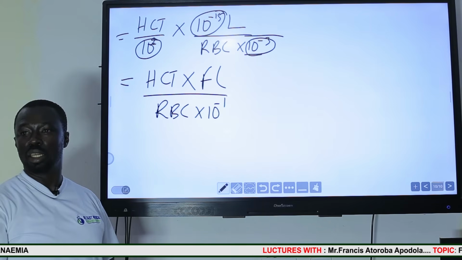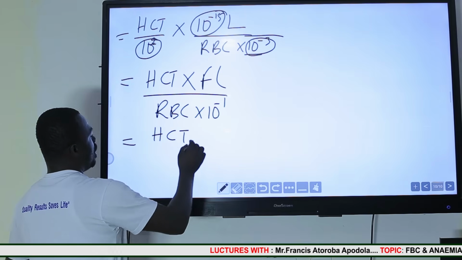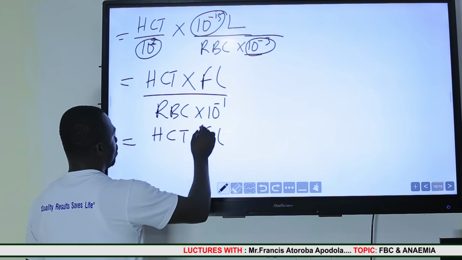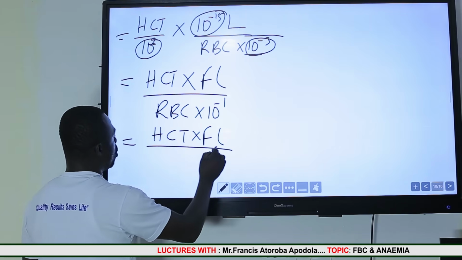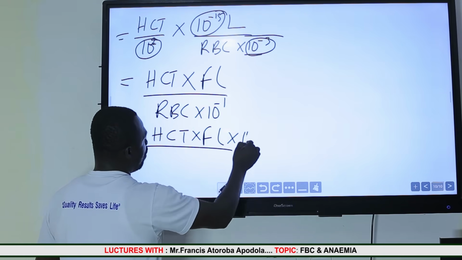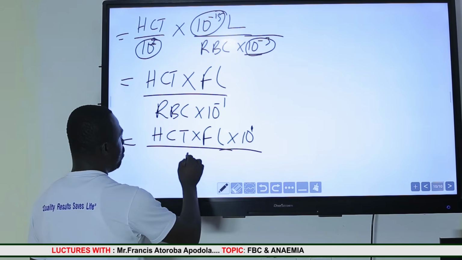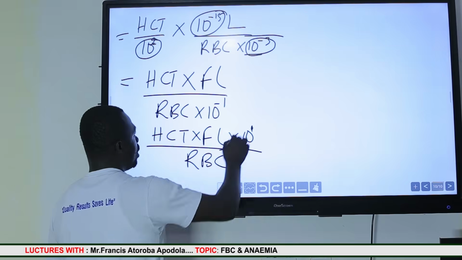Are we there? This will give us hematocrit in femtoliters. That is times femtoliters, equal to times this 10 to the power minus 1. I'll send it up, it becomes 10 to the power 1, and that is the same thing as 1 divided by RBC.